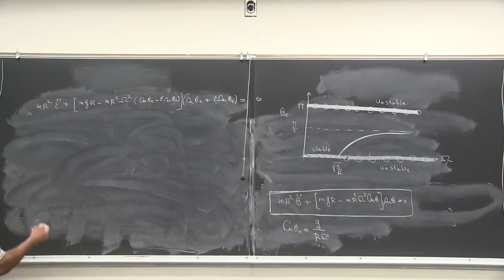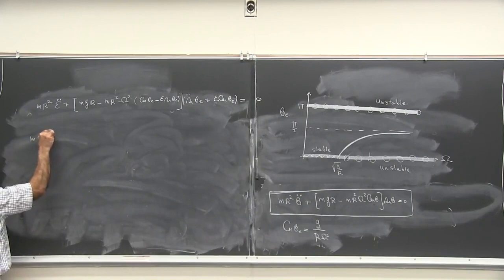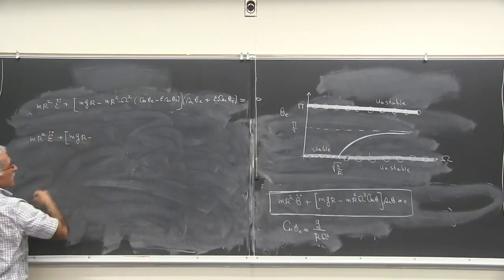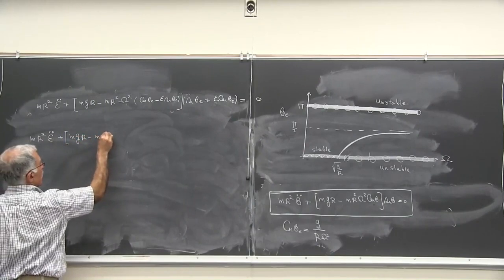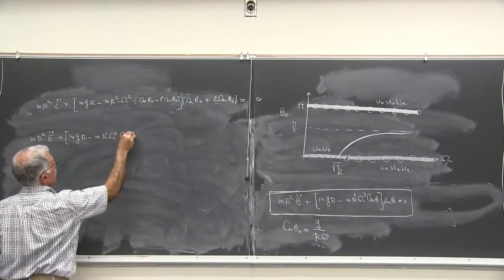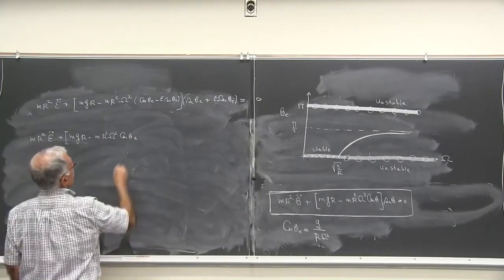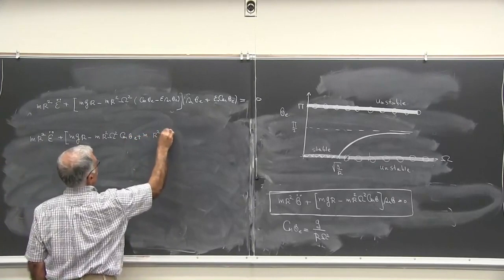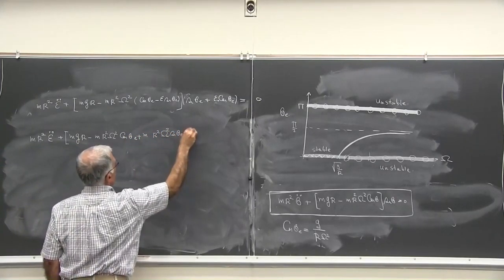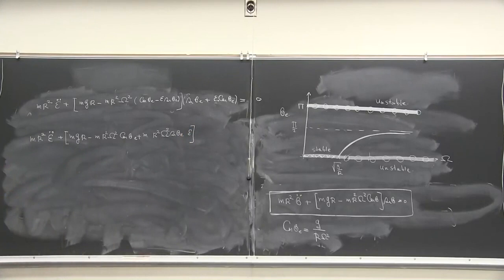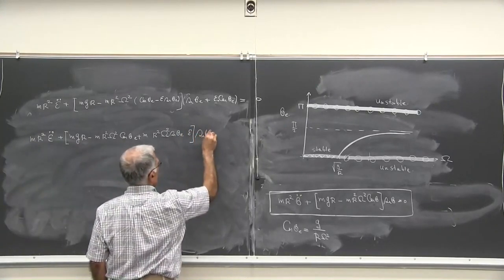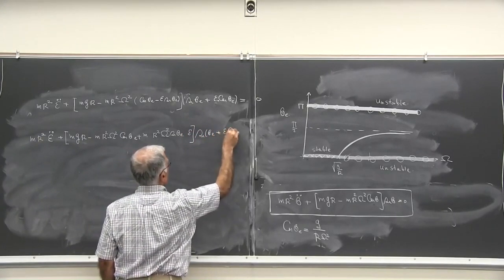So now let's go ahead and expand this one a little bit. That becomes m r square epsilon double dot plus mgr minus m r square omega square cosine theta equilibrium, plus m r square omega square sine theta equilibrium times epsilon times sine theta equilibrium plus epsilon cosine theta equilibrium.